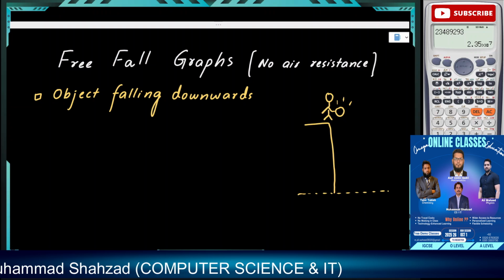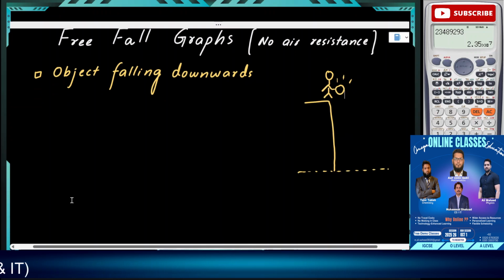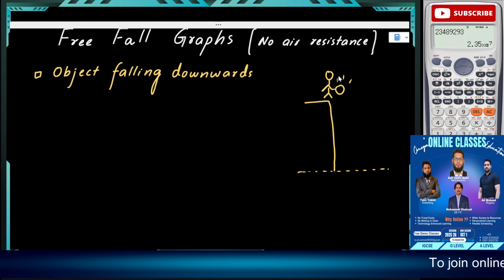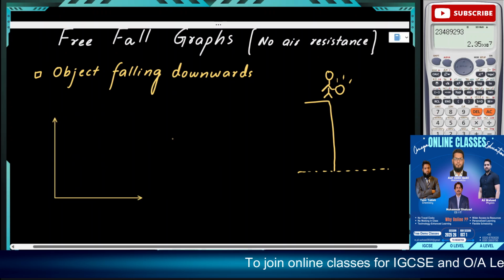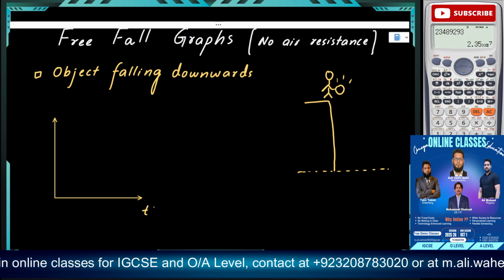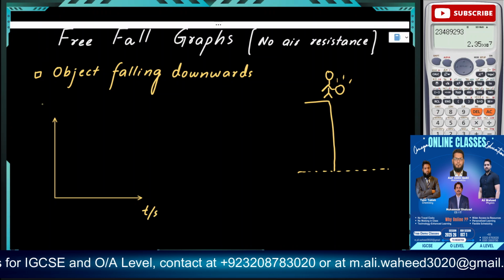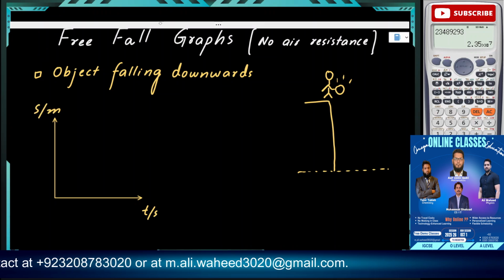So let us start off with the displacement time graph first. So this is the first one that we have. I'm going to label x-axis with time, and I'm going to label y-axis with displacement. Displacement represented by the symbol s.